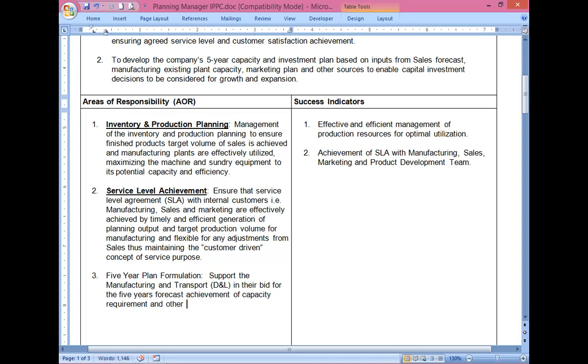other factors, right? By the formulation of what? Of the 5-year plan, right? I think writing 5-year, if you use the number, I think you have to make it hyphenated.